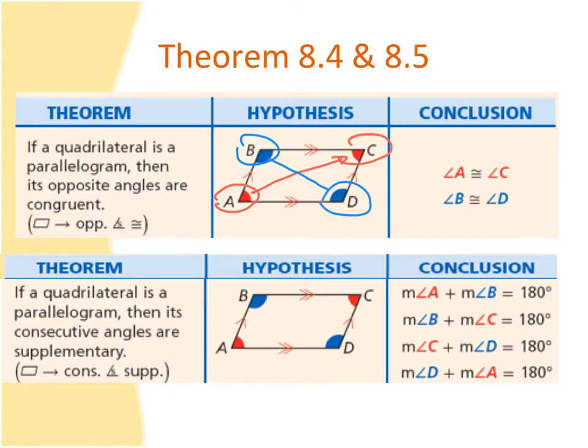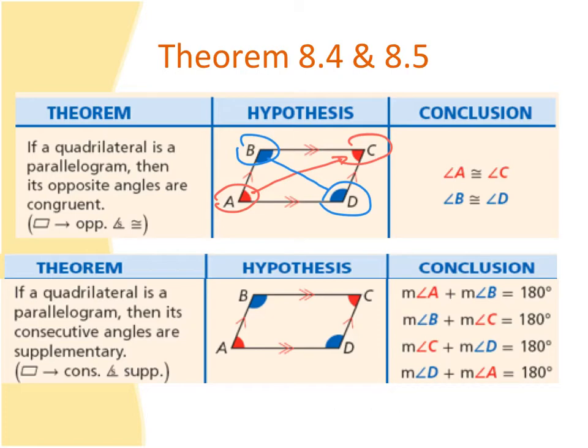The other theorem on this slide says if a quadrilateral is a parallelogram, then its consecutive angles are supplements. So here is where we're going to go back to first semester. Remember when we had parallel lines and we had alternate interior, alternate exterior, corresponding, same side interior, or consecutive interior angles.